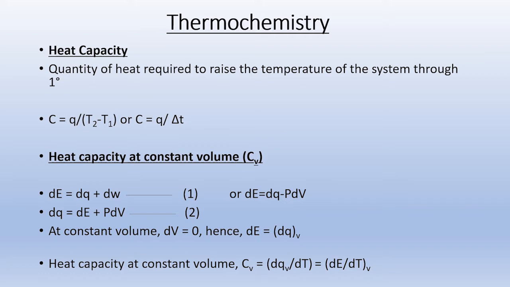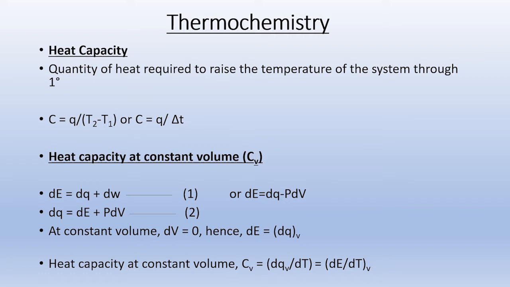So when you heat a substance and its temperature rises by 1 degree, the amount of heat required for this process is equal to its heat capacity, and it is denoted by the letter C. This can be calculated by the equation C equals Q by T2 minus T1. So let T1 be the initial temperature and T2 be the final temperature. So C is equal to Q by delta T.